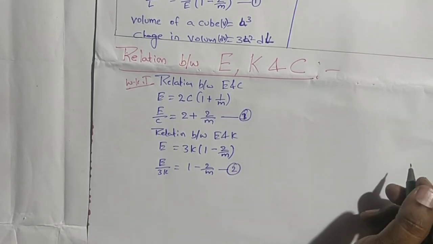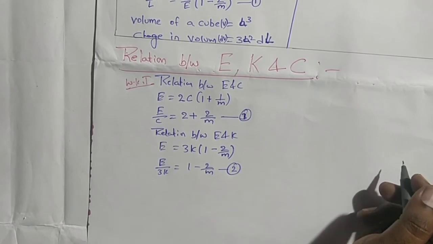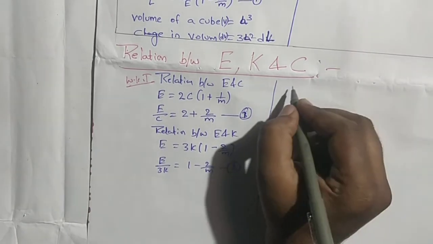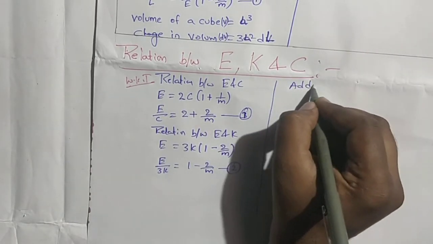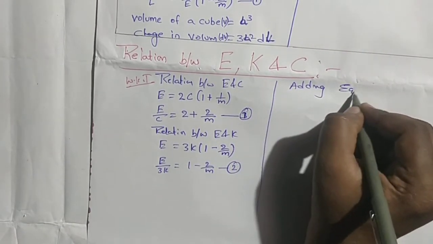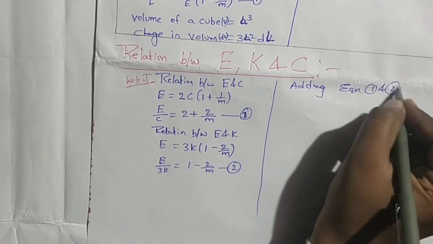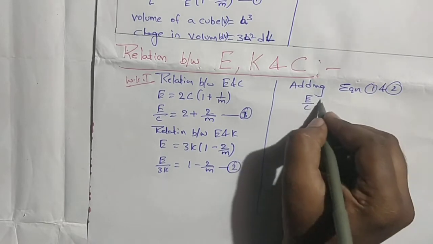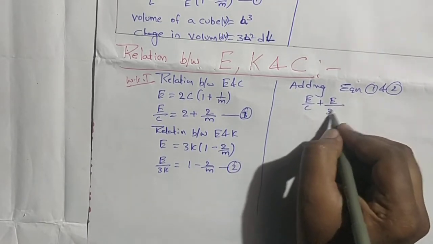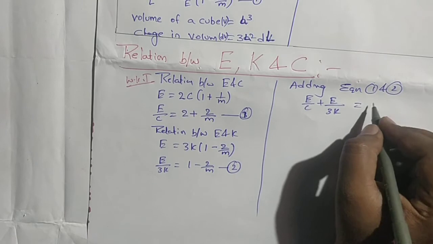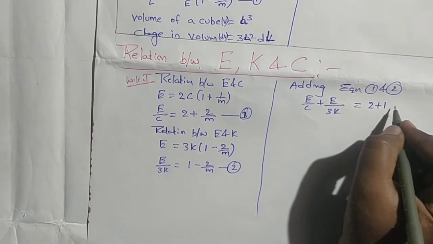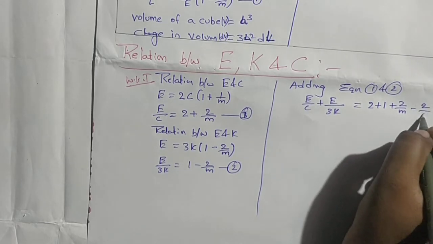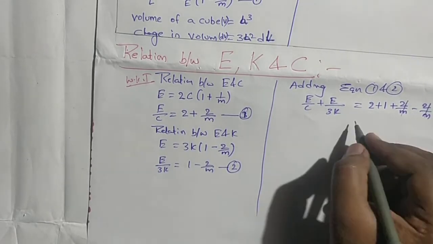Next, I'm adding equations 1 and 2. E by C plus E by 3K equals 2 plus 1 plus 2 by m minus 2 by m. Here minus 2 by m and plus 2 by m cancel.